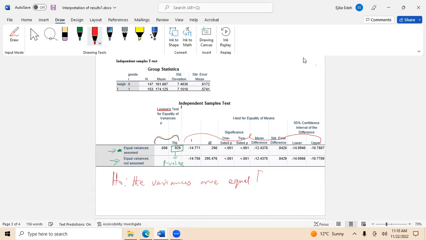If you want to write this in notation, it will be written this way: the population variance for group 1 is equal to the population variance for group 2. That is the null for Levene's test. The alternative hypothesis is that the variances are not equal.